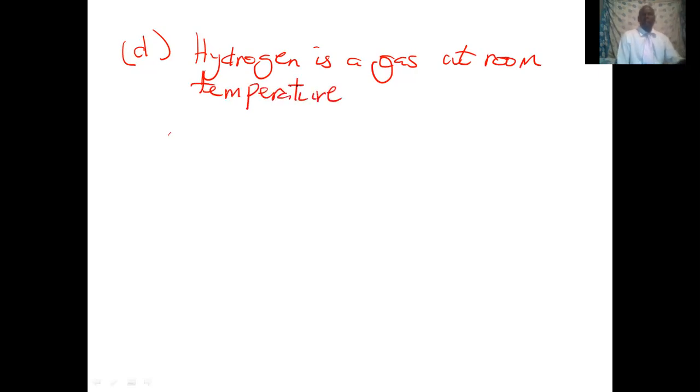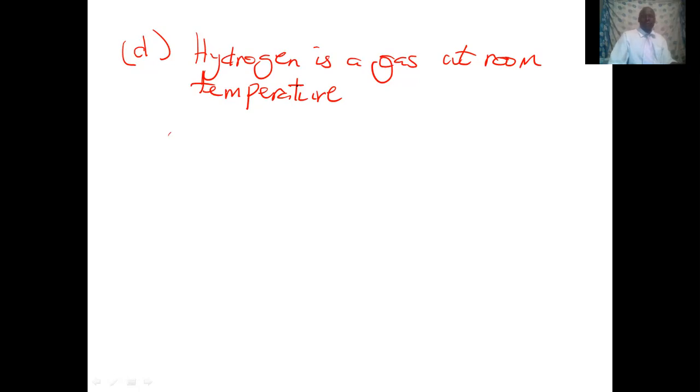Generally, we can say it does not have properties of alkali metals. It shows the properties of nonmetals when it bonds with another nonmetal, and therefore it can't belong to group 1.